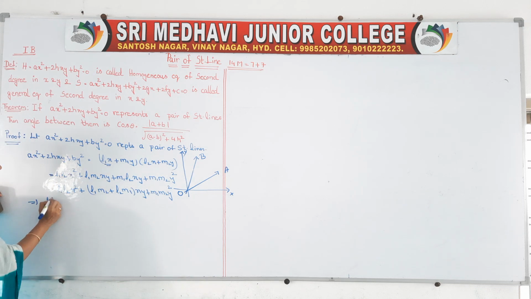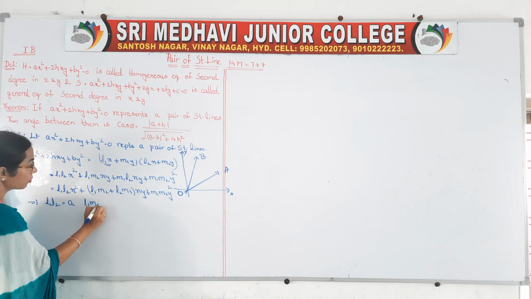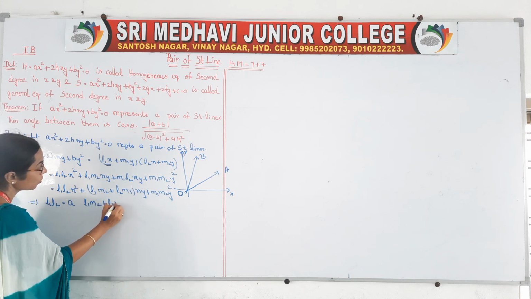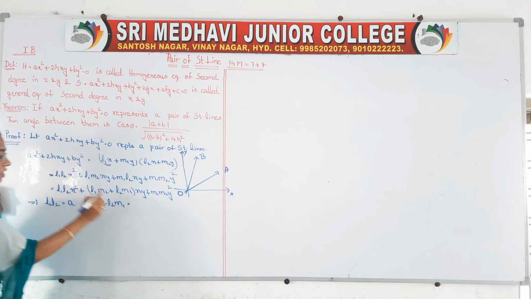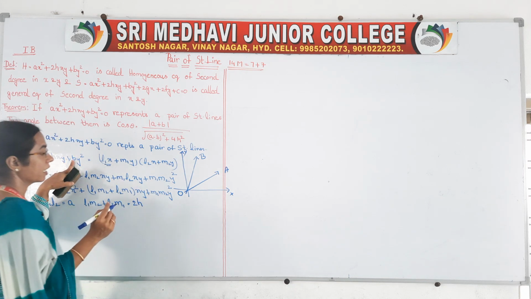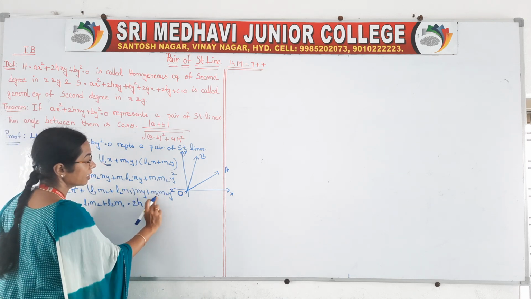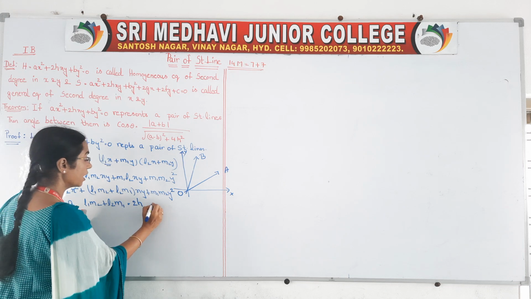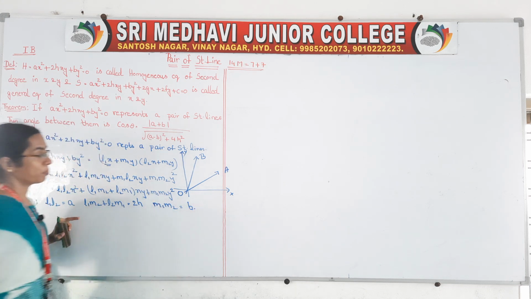Your L1 L2 is equal to a, and L1 M2 plus L2 M1 is the xy coefficient. Here the xy coefficient is 2h. And b is the y square coefficient. Here your y square coefficient is M1 M2. So M1 M2 is equal to b.